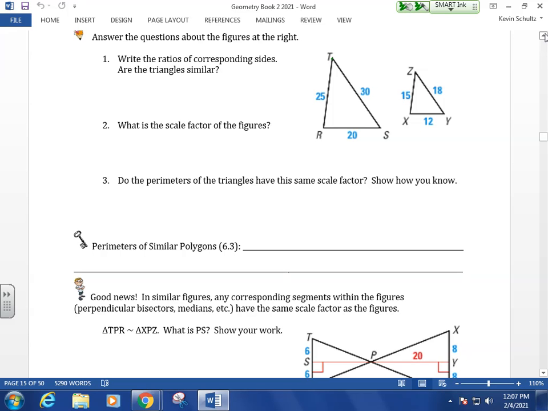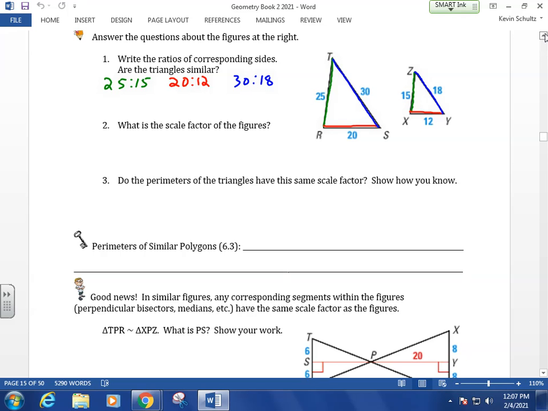So we have 25 and 15 is one ratio of sides. We have 20 and 12, they correspond. And then we have 30 and 18. Okay, and what we're looking for here is, are these triangles similar?